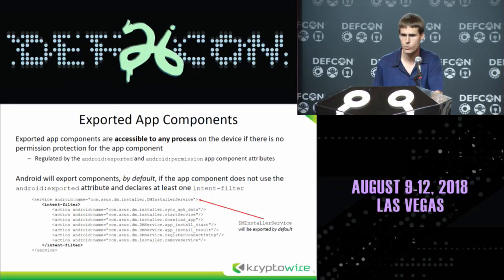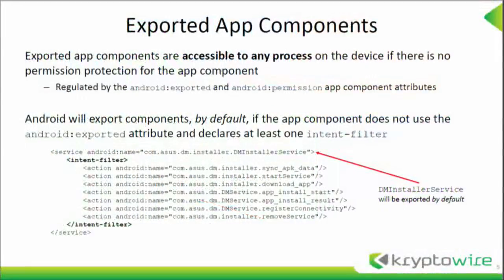If it doesn't use the android:exported attribute and it contains at least one intent filter, Android will export it by default even though you didn't set android:exported equal to true. At the bottom there's a service being declared, and this service is exported by default, and using it, you can actually download and install an application.